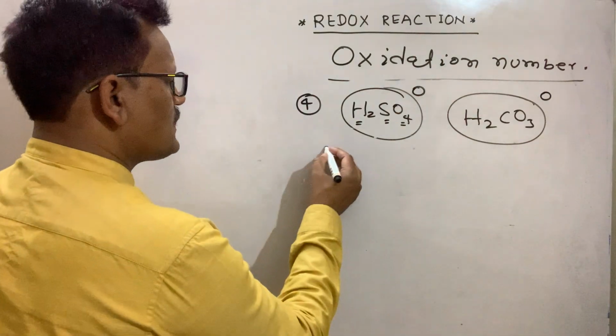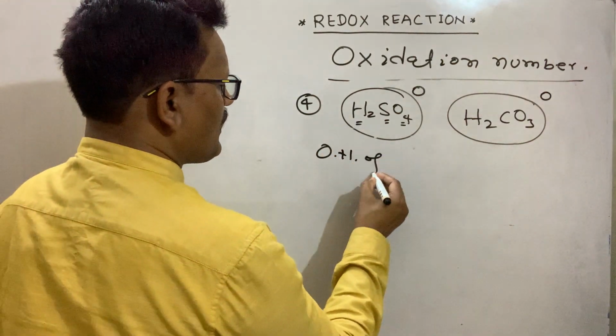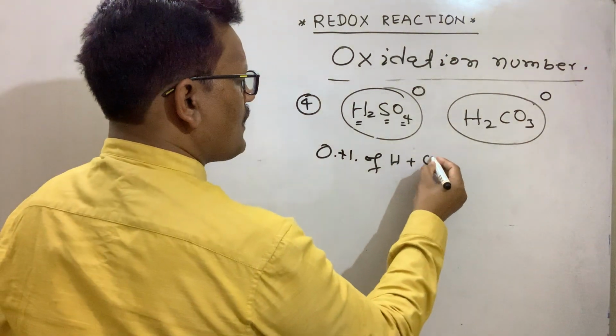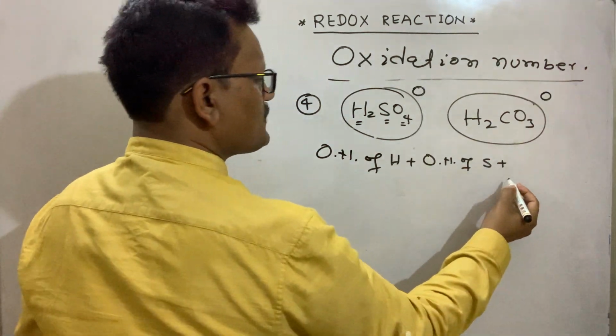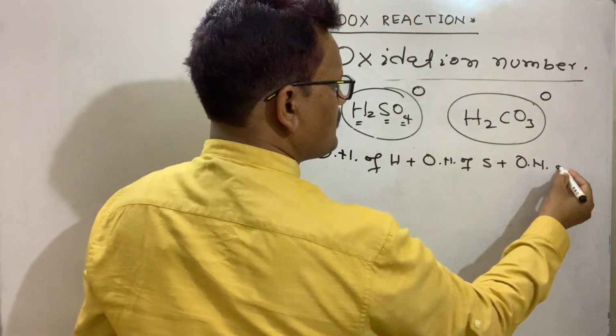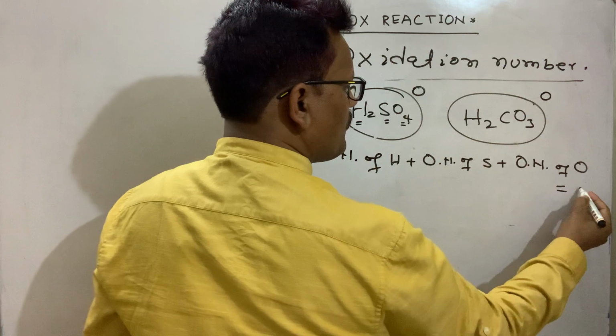That is, oxidation number of hydrogen plus oxidation number of sulfur plus oxidation number of oxygen will be 0.